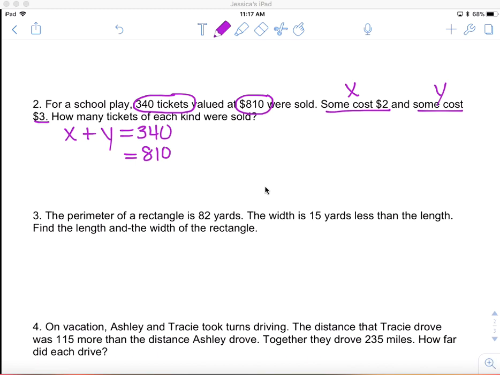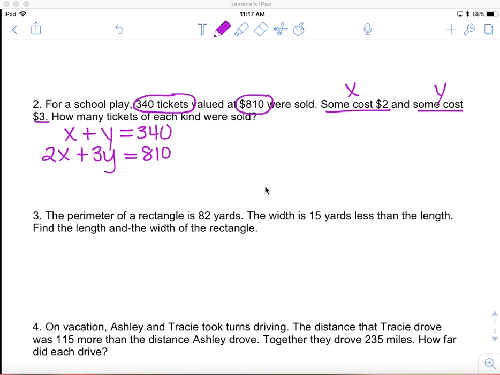So if some costs $2, I have 2x, and some costs $3, I have 3y. That is going to give me my total of $810. So the first equation is representing how many tickets I have. The second equation is representing how much money it cost.